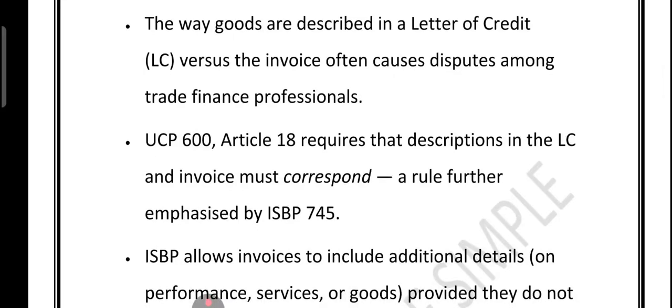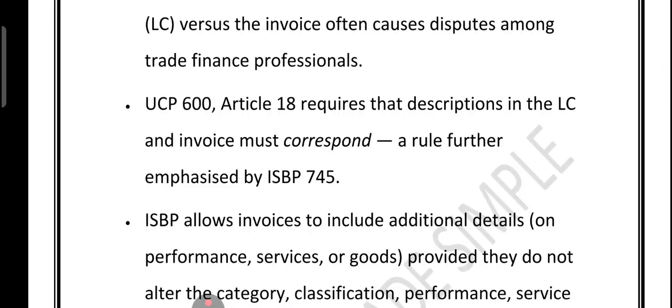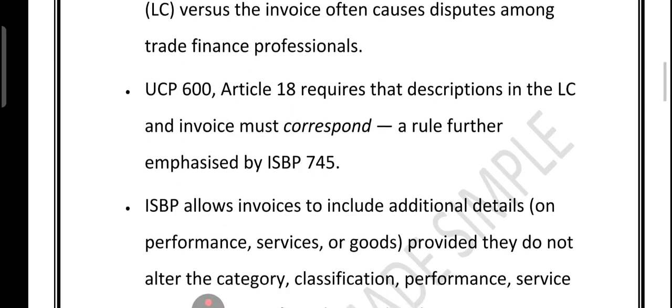According to UCP 600, Article 18, the description in the LC and the invoice must match. And ISBP 745 stresses the rule even more. But ISBP also gives some flexibility: the invoice can have some extra detail about the goods, performance or service, as long as these extras do not change the main category, classification, performance, type of services or nature of goods mentioned in the LC.